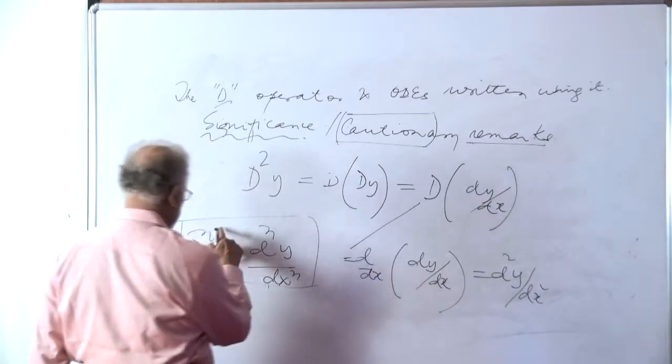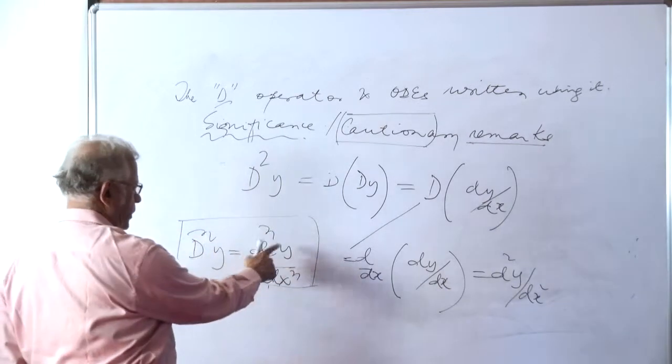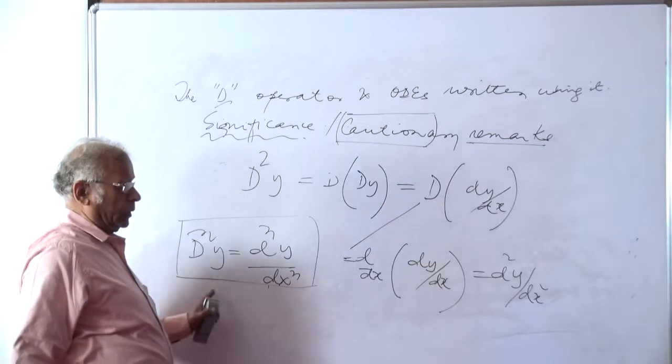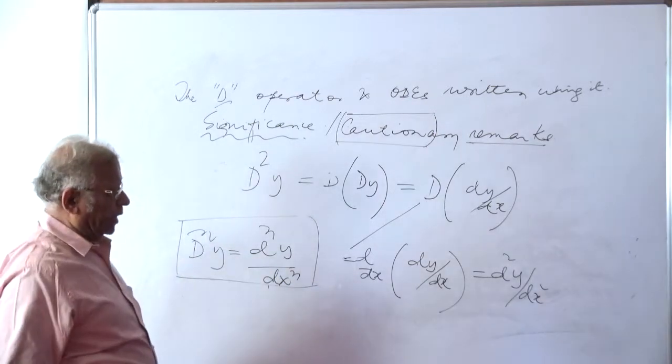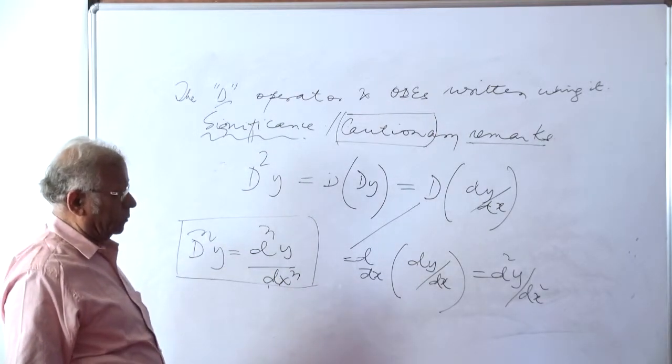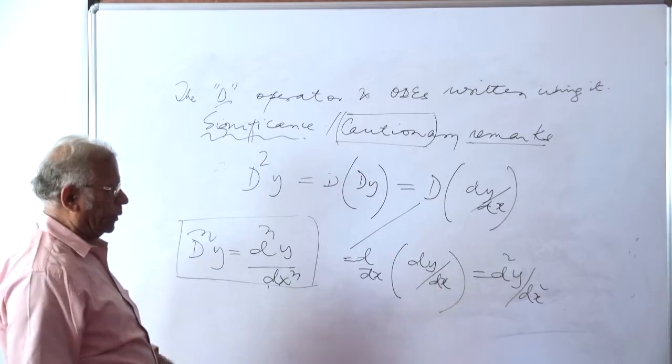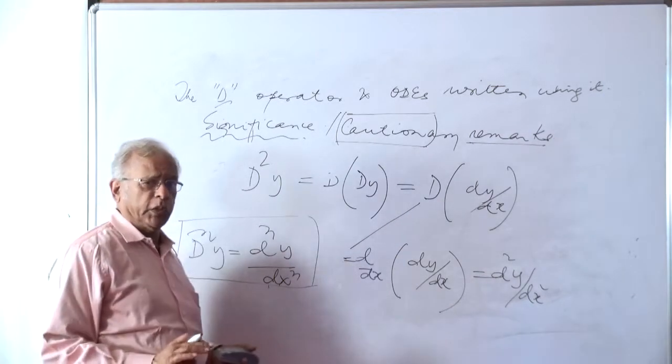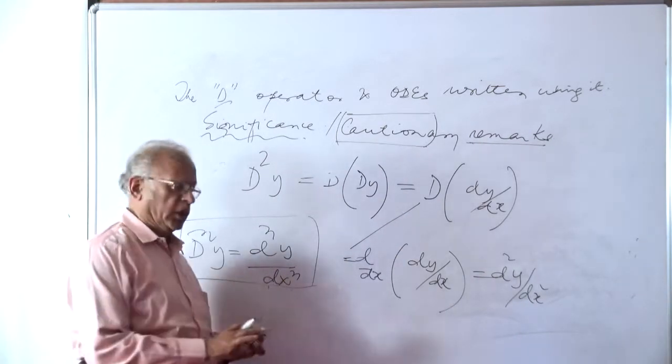So with n as 1, Dy is just dy/dx, and so on. So this is one very important operator we introduced, and we will see how we can write our differential equations using the D operator.